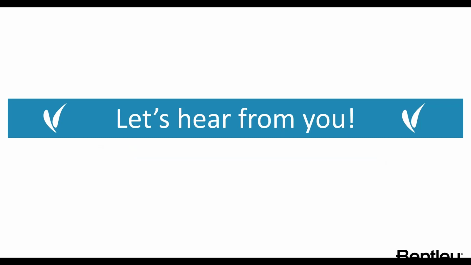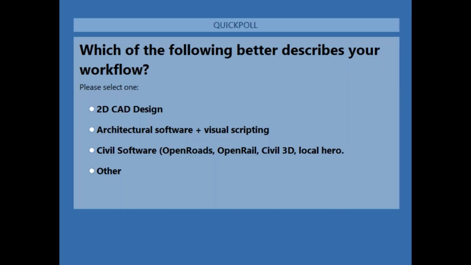Let me hide it, and let me also run a second one. This one is more relevant to the topic that we are going to cover today. So, which of the following better describes your workflow? 2D CAD design, architectural software plus visual scripting, civil software such as OpenRoads, OpenRail, Civil 3D, or any local hero, or other.